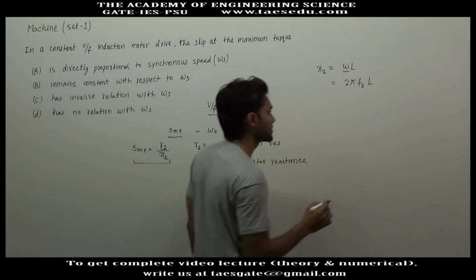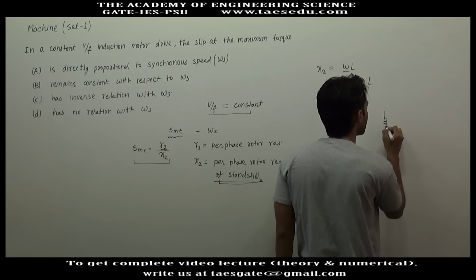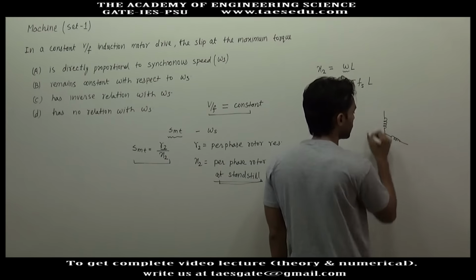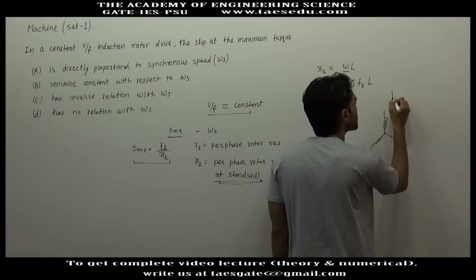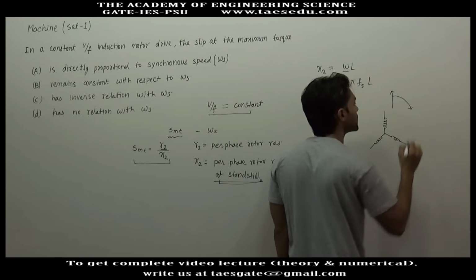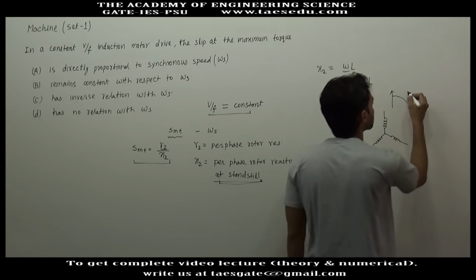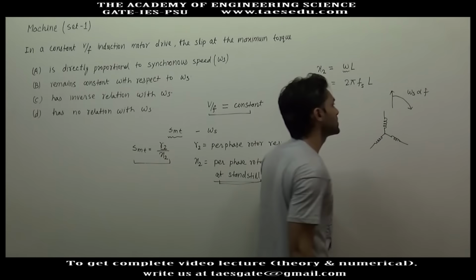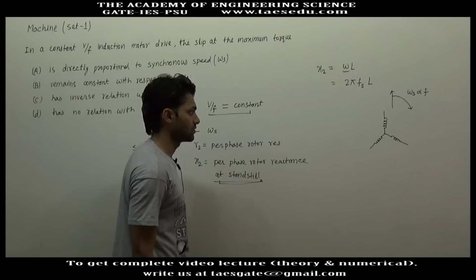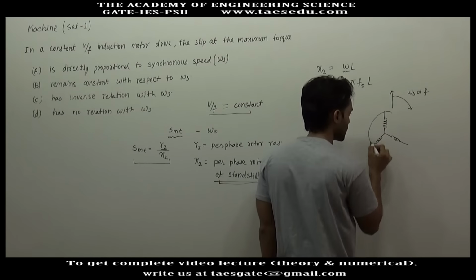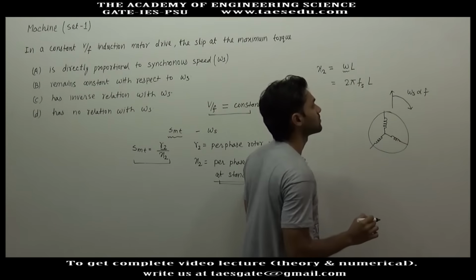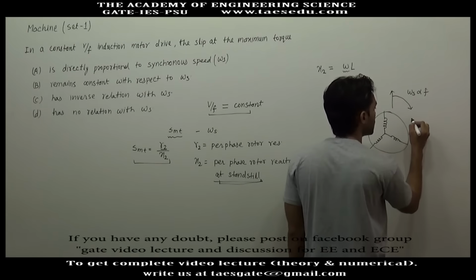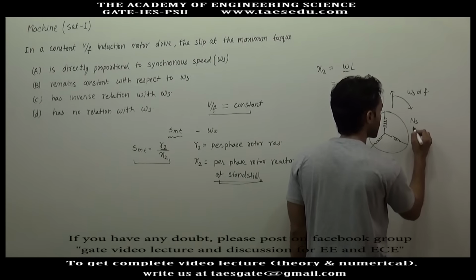So if the rotor is at standstill, let's say this is the rotor winding, and the field rotates with synchronous speed, which is directly proportional to the frequency of the supply. If the rotor is at a standstill, the relative speed between the field and the rotor winding will be synchronous speed, or omega s.